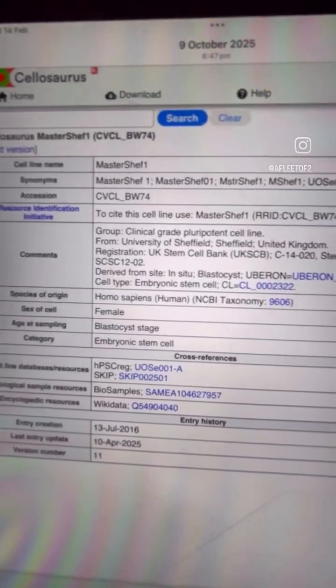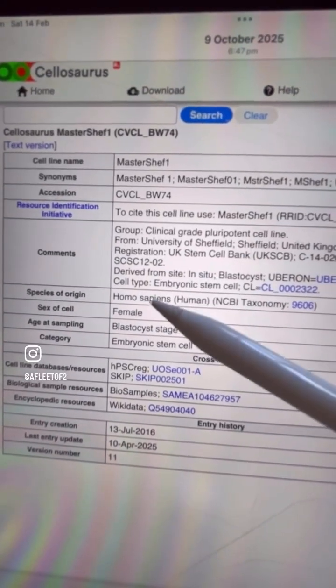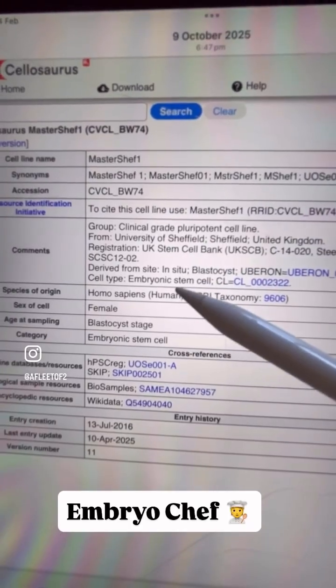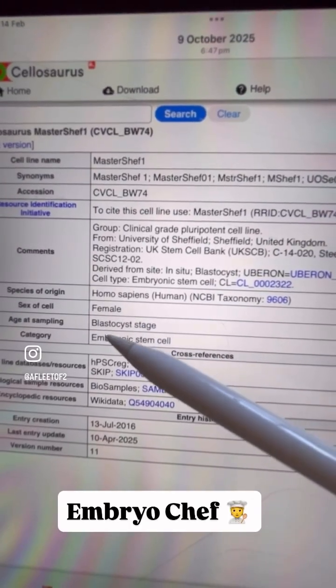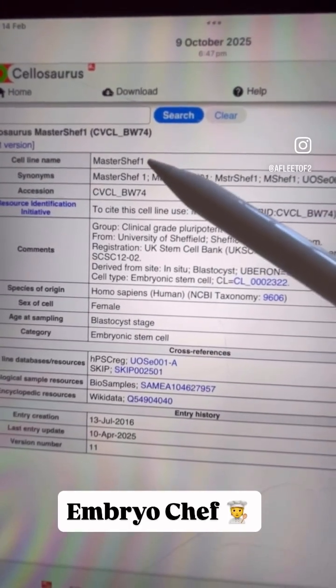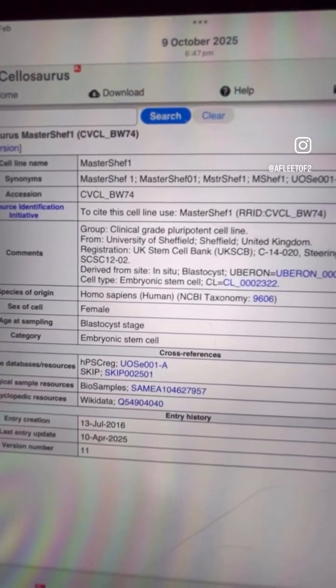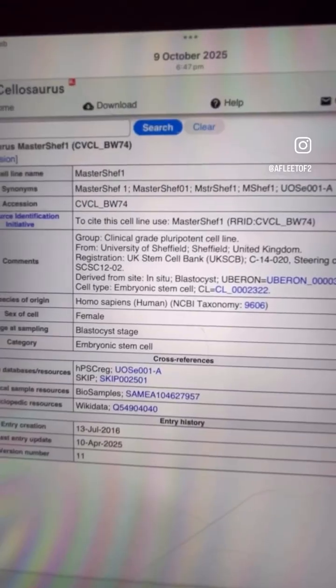It's like he's a chef creating all these different cell lines from an embryonic cell, from a female in the blastocyst stage. So they're calling themselves a master chef. It feels a bit disconnected and detached.